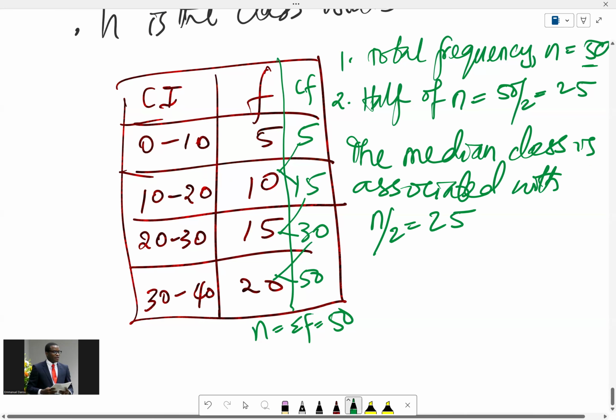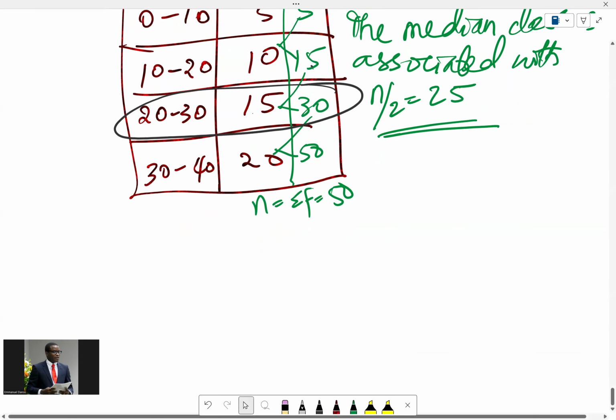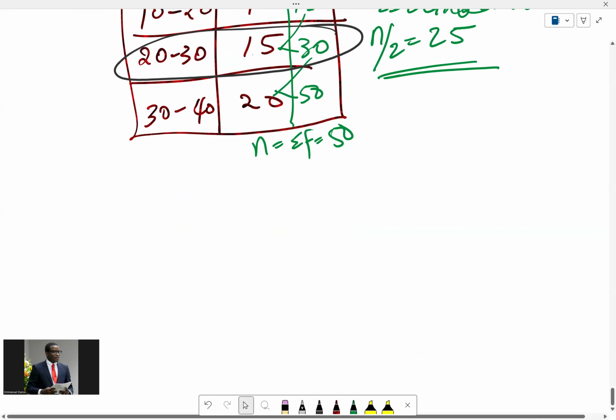So wherever you have the 25th item is your median class. 5 plus 10, 15, 15 plus 15, 30. So if you look at this 30, this is 15, so after 15 it is 16, 17, 18, 19, 20 up to 30. So the 25th item falls in this class. That is why this will be your median class, which is really pivotal in the whole calculation you'll be doing.